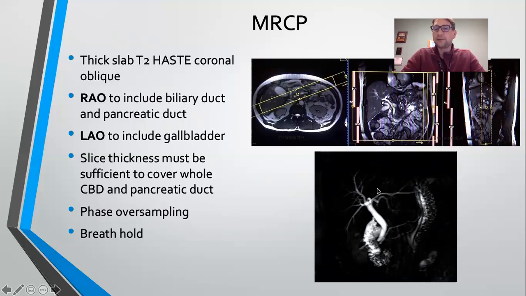So this image is associated with this right down here. So this is how you set it up. You find the head of the pancreas, and the biliary tree is kind of going to all converge around the head of the pancreas. And you just angle it appropriately. So the head of the pancreas starts to kind of angle this way, and then the body starts to loop around to the tail.